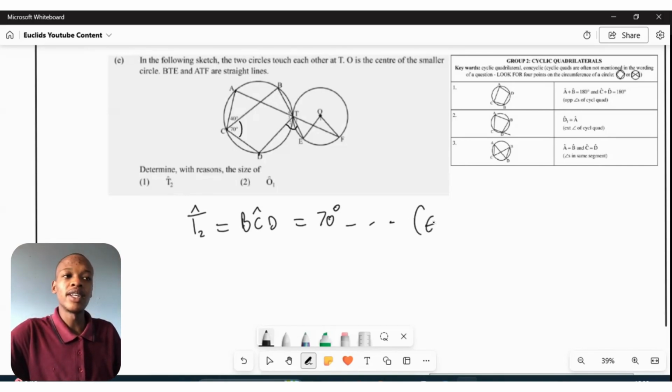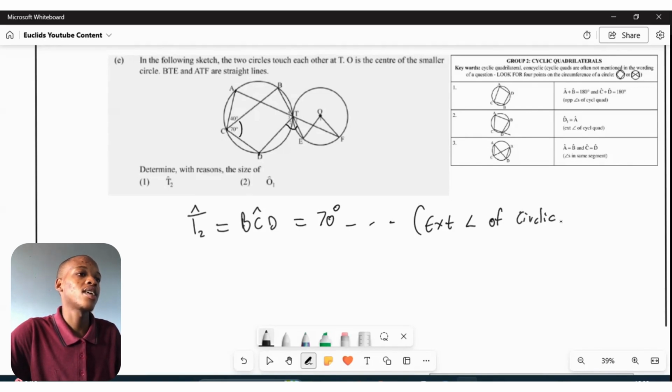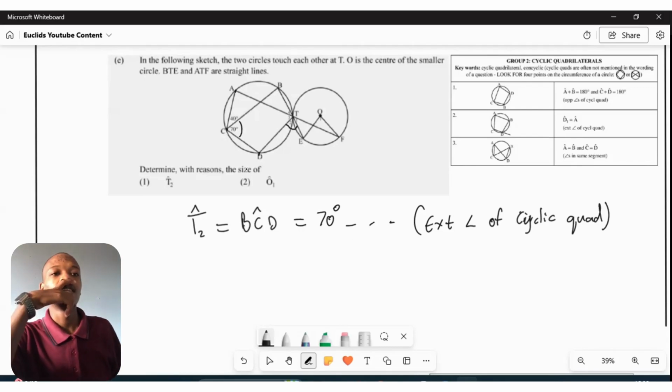The reason: exterior angle of a cyclic quad. Yes, cyclic quad. Okay. Now we know T2. Now let's go for O1.